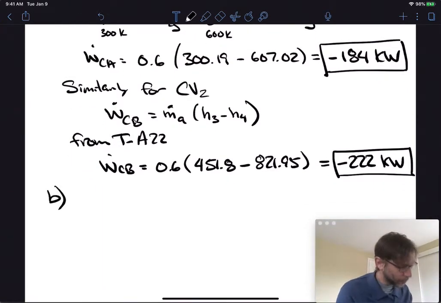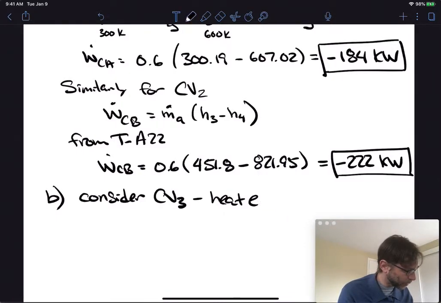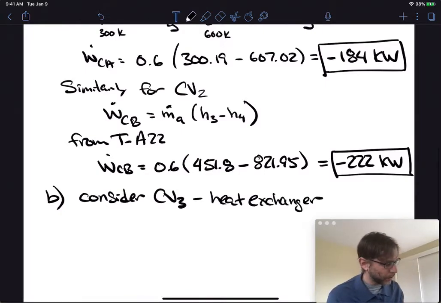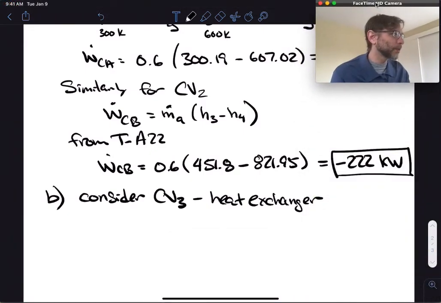So B. Now we can look at the heat exchanger. So now let's consider control volume 3, which is the heat exchanger. Okay, heat exchanger is here.